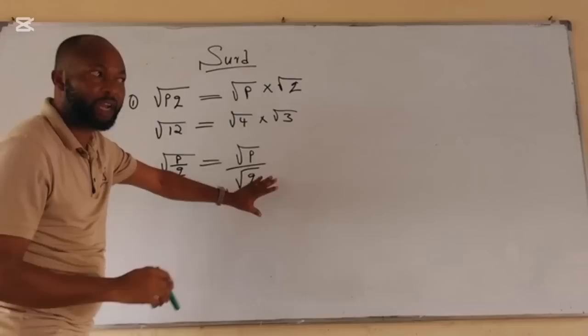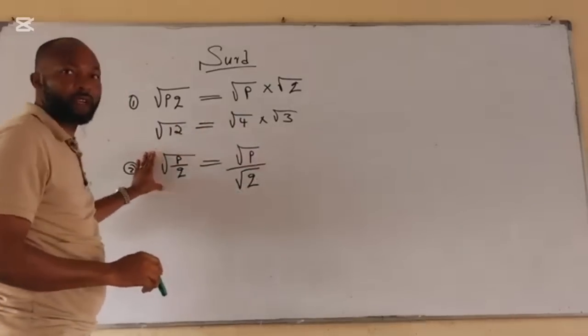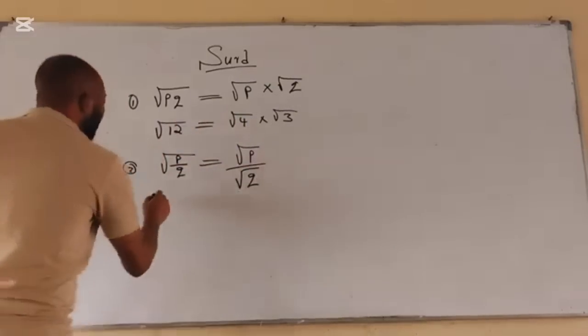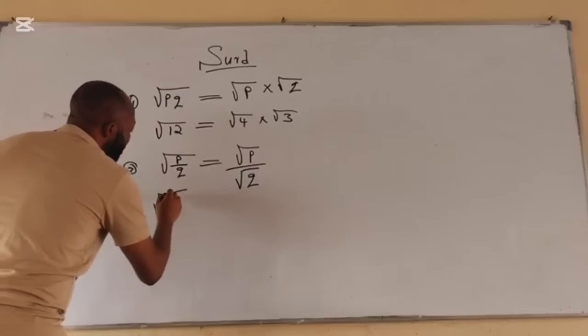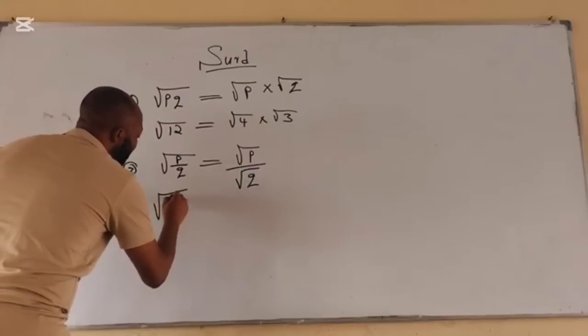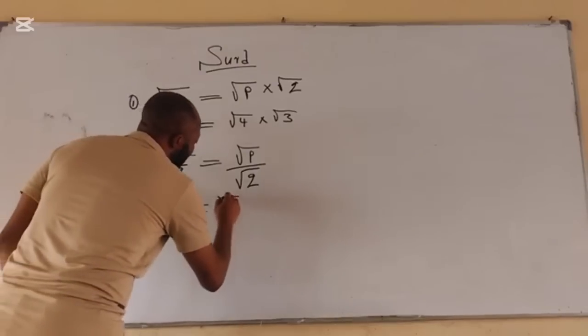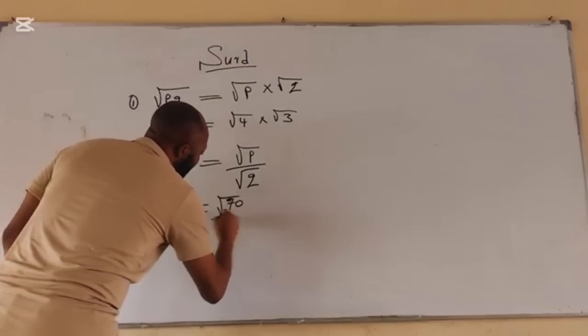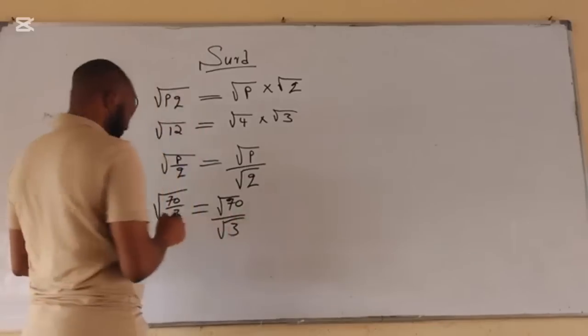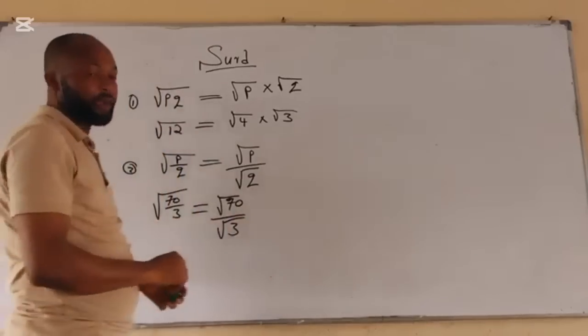If it is in this manner, we can bring it back to this manner. So if I have, for example, root of 70 divided by 3, I can rightly say this is root 70 divided by root 3. They are all the same.